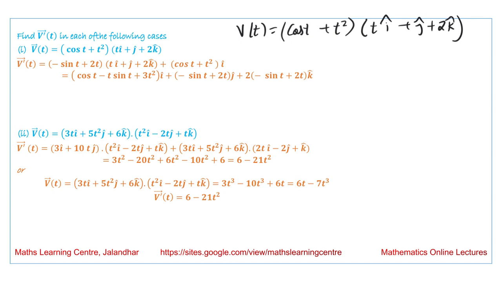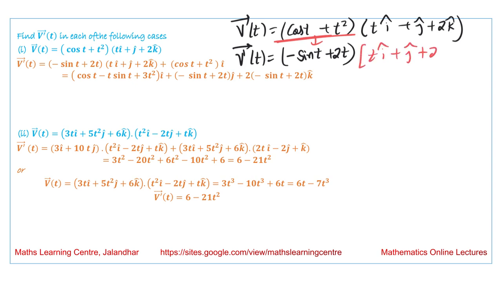So the derivative of this function, which is a vector quantity, v dash t, will be equal to minus of sin t plus 2t, the derivative of the first part, into t I cap plus j cap plus 2k cap, plus cos t plus t square into the derivative of the second function.